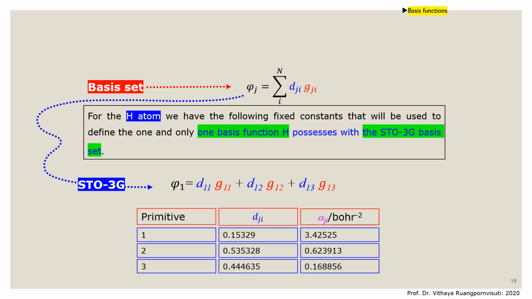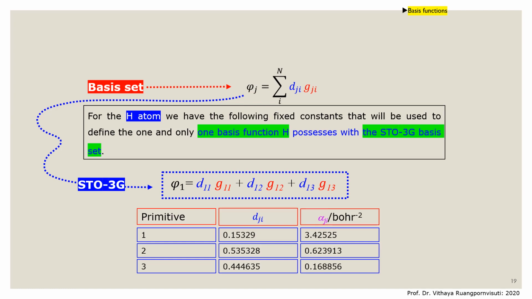This equation for the minimal basis set STO-3G is reduced to the equation phi 1 equal to contraction coefficient d11 times g11 plus d12 times g12 plus d13 times g13.